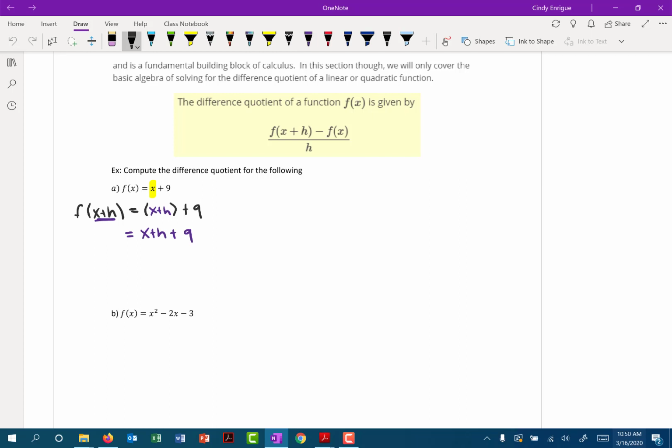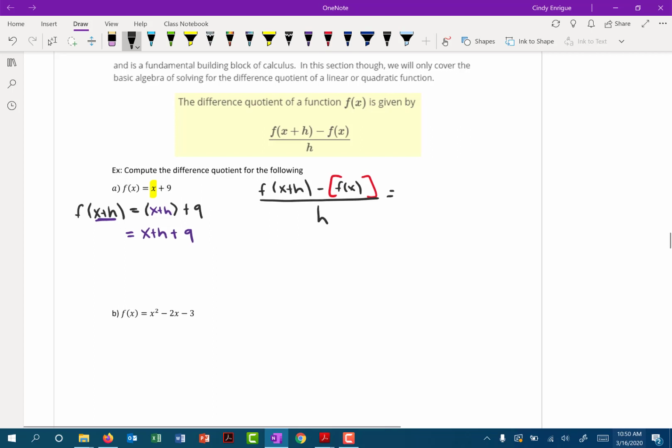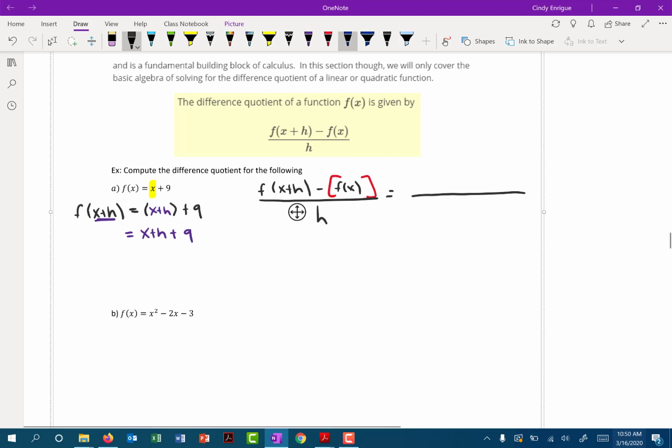So when I have this equation of f of x plus h minus, and I like to put brackets, f of x, all being divided by h. So now I know exactly what this is going to be looking like. Well, the first part I already have. I already calculated over to the side.